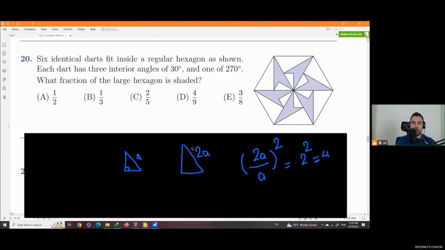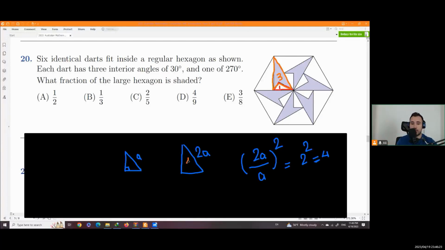So if I call this small area 1, it's a ratio question, then the big one was 4. And from here to here would be a 3. Together it becomes 4.